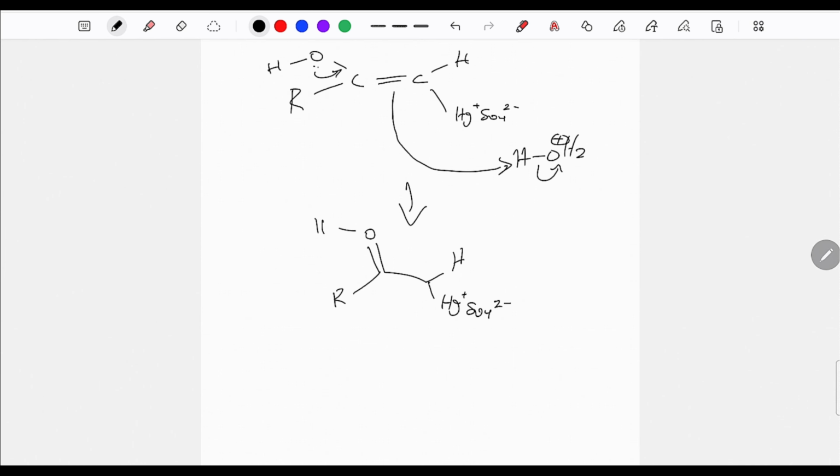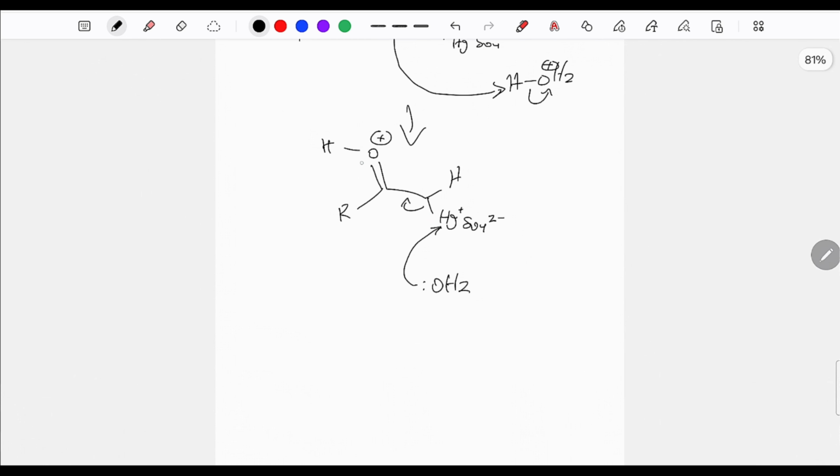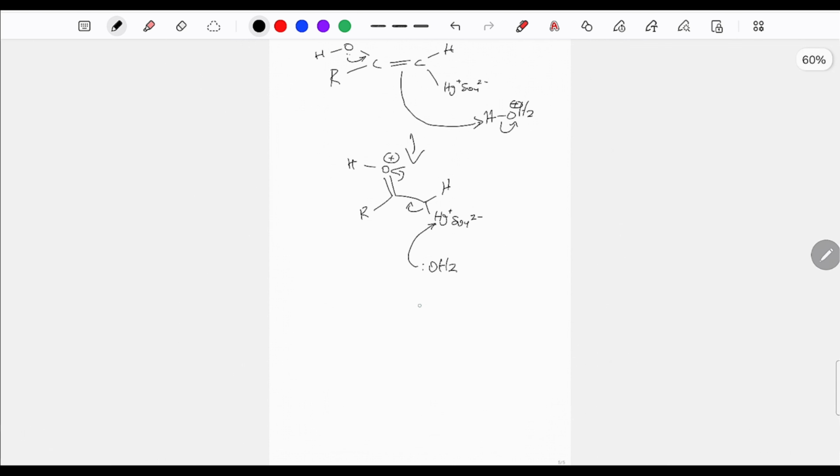Don't forget this. Don't forget your plus charge. And now we're going to have an OH2 come and grab this guy, and this will come there, and this will go there to fix our charge.